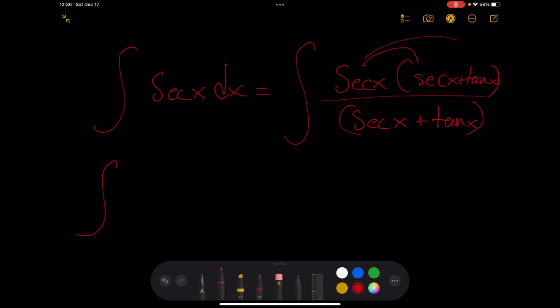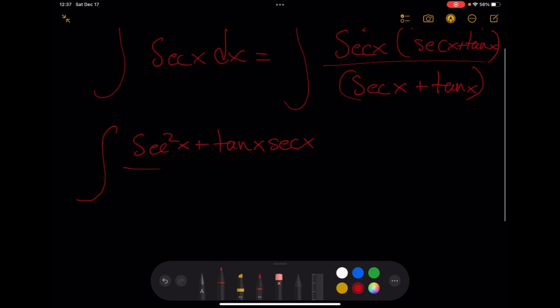If we distribute this, we will end up with secant squared x plus tangent x secant x over secant x plus tangent x with respect to x.